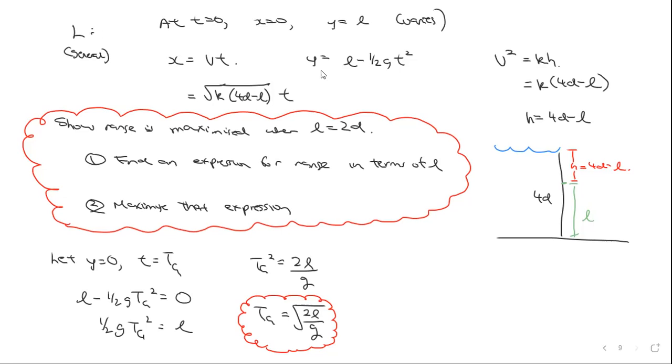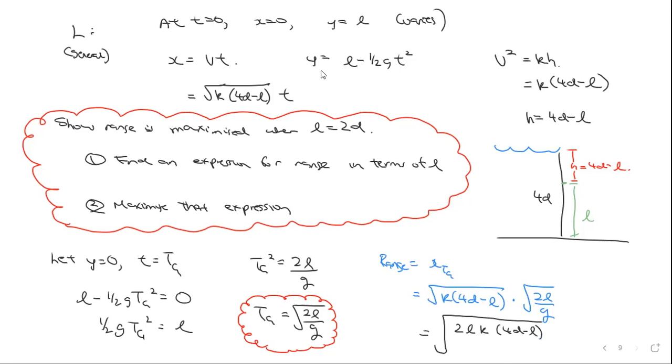Now, of course, the range will equal x at that time, which we've already got mostly written up there. It's the velocity, which we've already worked out, times the time, which we have also worked out. So that's just going to be the square root of 2kL(4d minus L) over g.